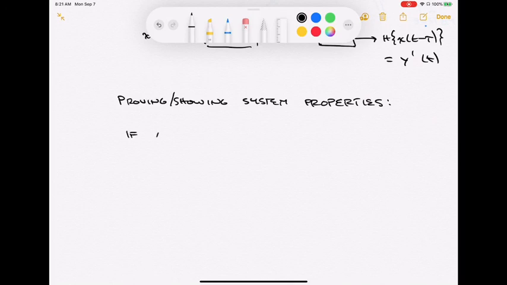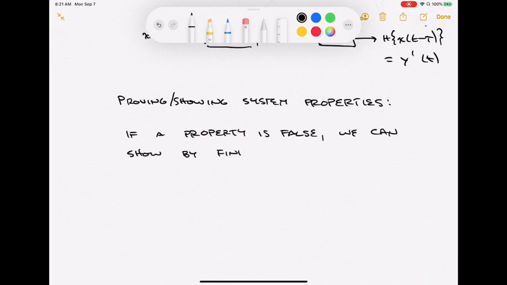If a property is false, if a property is not true for a system, we can show this by finding a single counterexample.